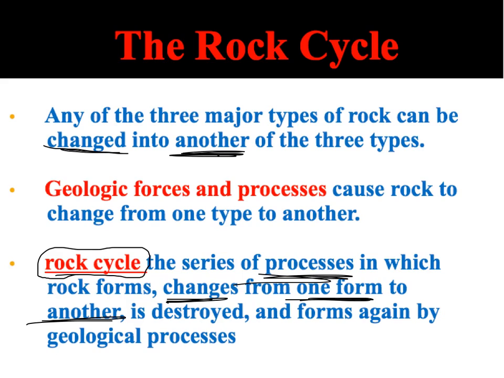Alright, and they're all caused by geologic forces and processes. And as these forces and processes act, an igneous rock can become a metamorphic rock or become part of a sedimentary rock. And then if that sedimentary rock melts, it becomes magma and solidifies and becomes igneous again. And you can have this happening over and over and over again.